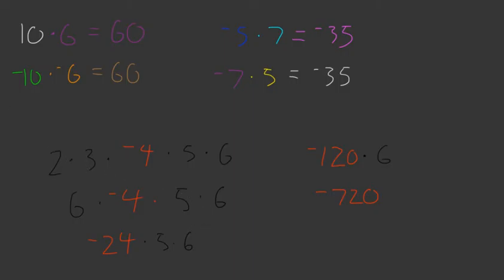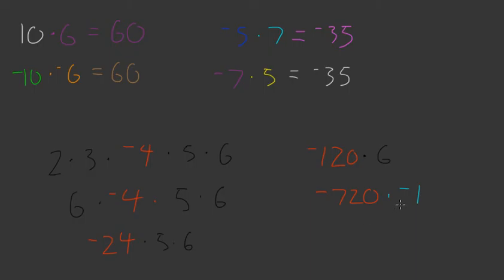Now, if, say, we multiplied it by another negative, say something as simple as negative 1, then a negative and a negative, like we talked about up here, two numbers with the same sign is going to result in a positive number.